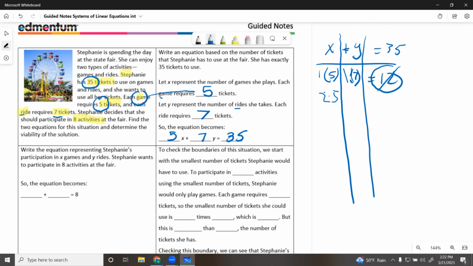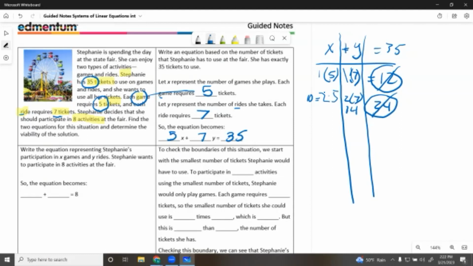Okay, I can't do the mouse for that. I don't know what I was thinking. So that equals 10. And we could do 2 times 7, and we know that equals 14. 10 plus 14 equals 24. Okay, still does not equal 35. We could do 3 times 5 is 15. 3 times 7 is 21. 15 plus 21 is 36.